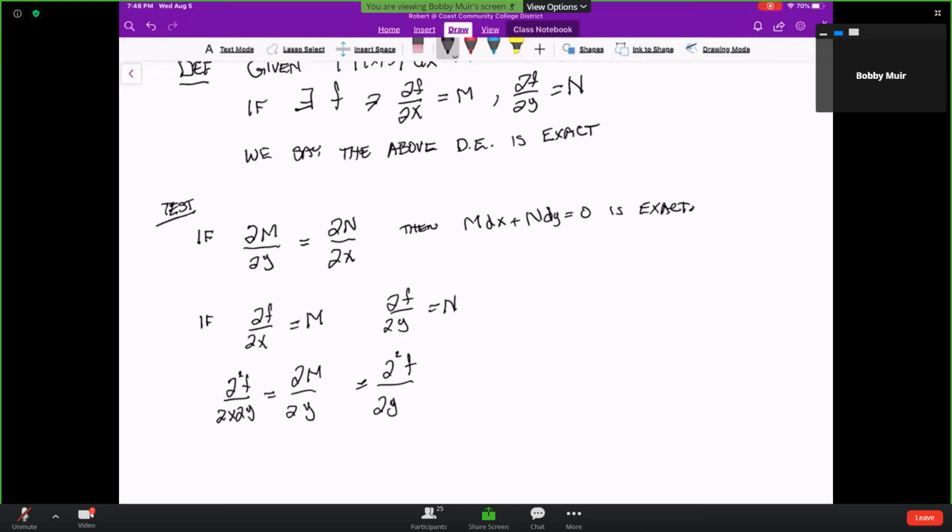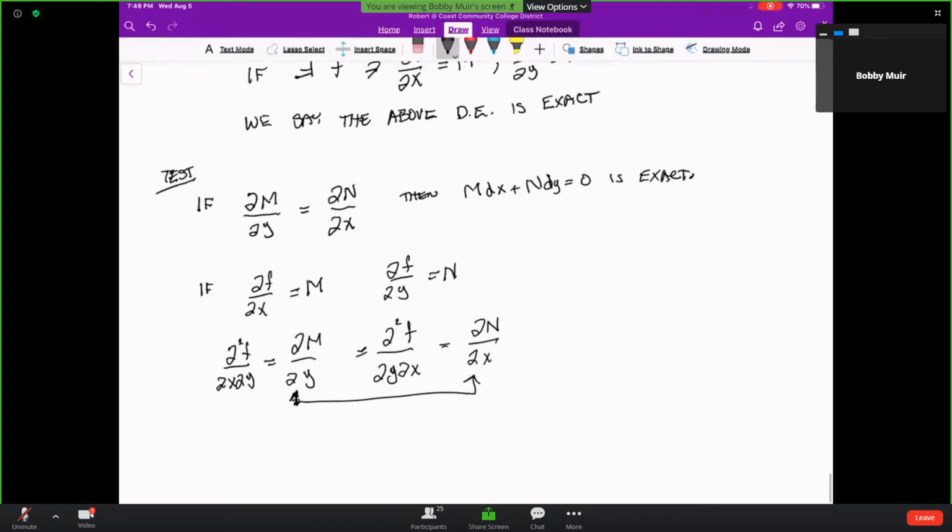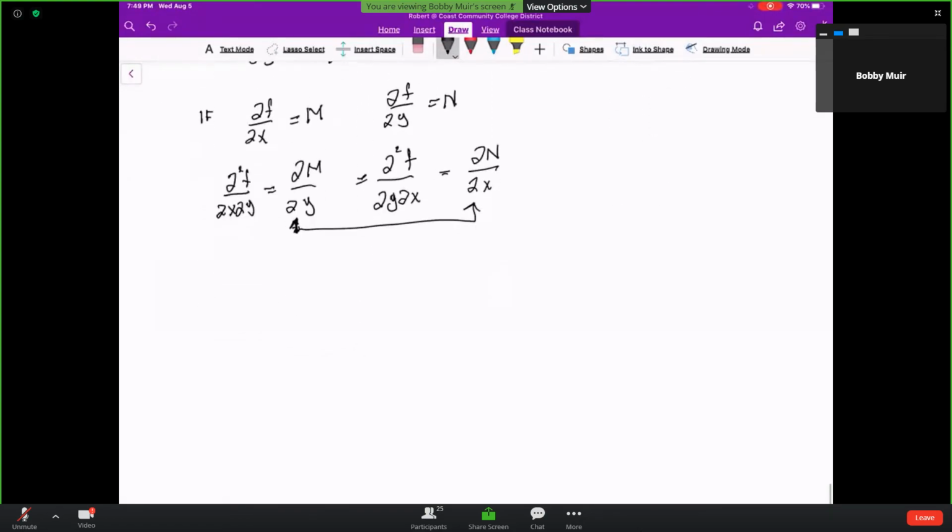Partial y, partial x, and this is the partial N, partial x. So if these two things aren't equal to each other, the thing cannot be exact, because Clairaut's theorem always holds. Now, if you're in a non-simply connected region, all bets are off and you have to rethink your problem.